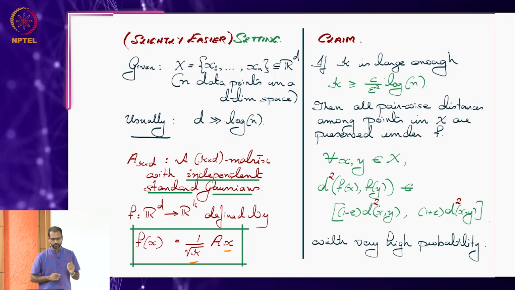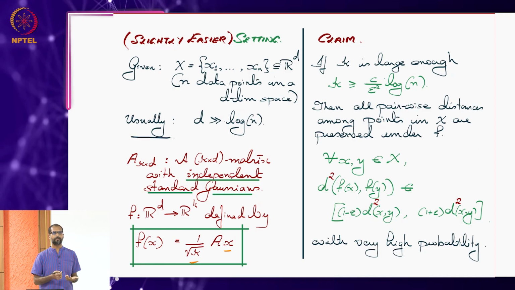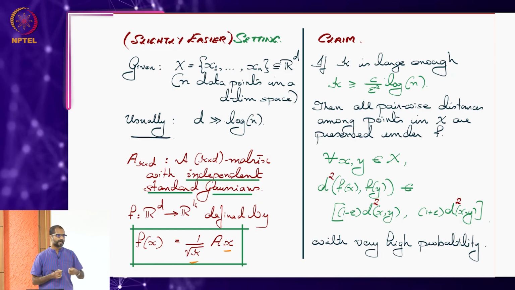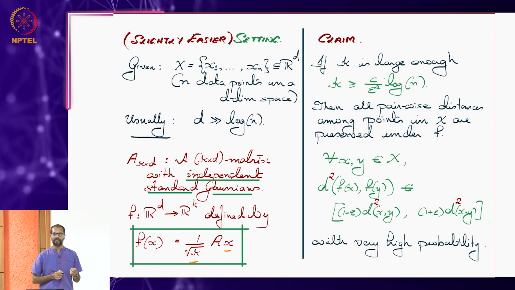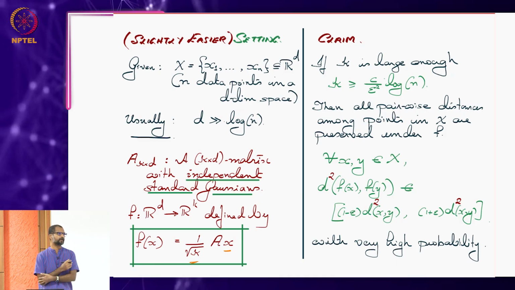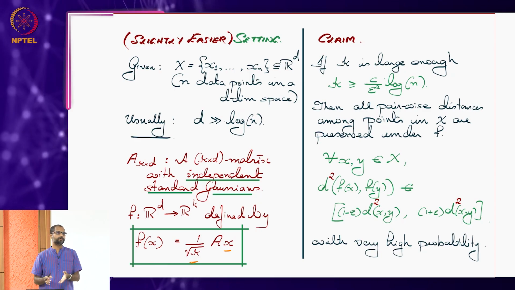Now, this whole projection business can also be represented as a matrix multiplication, but then you really have to have a very careful algorithm to pick a random subspace uniformly from all possible k dimensional subspaces. This is much more standard. You can implement it in a computer very easily.